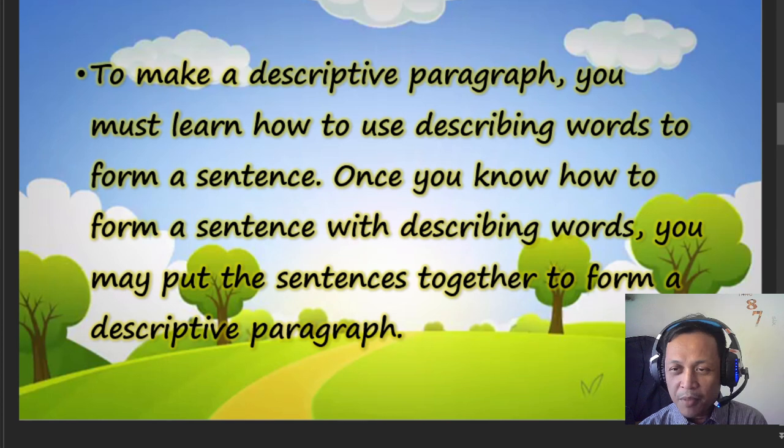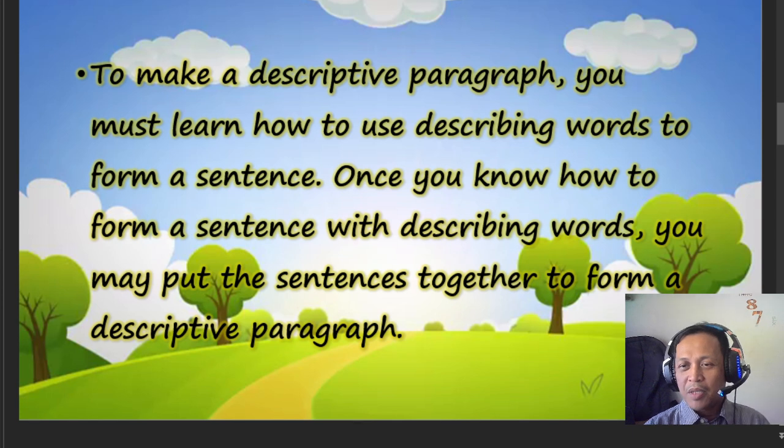We have the same thing now. We are going to use describing words, for example, big, small, lovely, pretty, high, low. Those are some of the descriptive words. Use them in a sentence. Once we have formed sentences with describing words, we put these sentences together, and that makes up a descriptive paragraph.